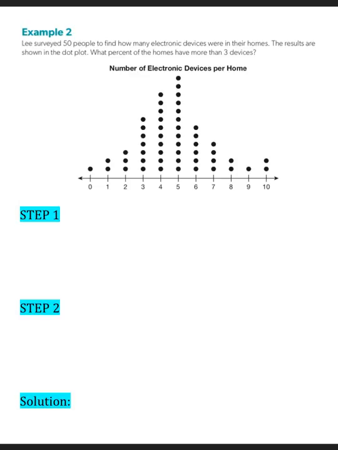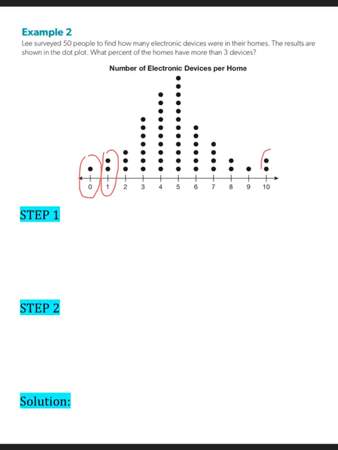For this particular problem, we're talking about the number of electronic devices per home. So there is one home that has 0 devices. That means that they took data, they found out that there was one home where somebody had no electronic devices, right? Here there are 2 homes with 1 electronic device, right?